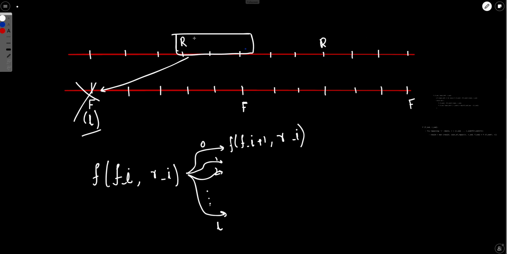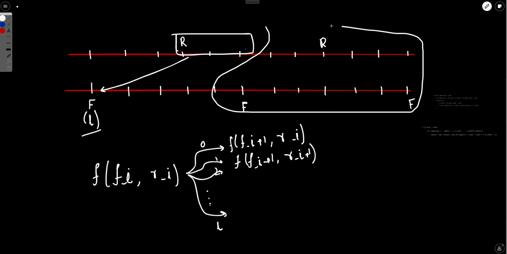Now, what exactly do we mean when we say we take 1 robot? We are saying we will move forward with the next factory, and the next factory would start the robot assignment from this index. This means that we have assigned this robot to this factory. Now the new problem is this. I hope you get the intuition.